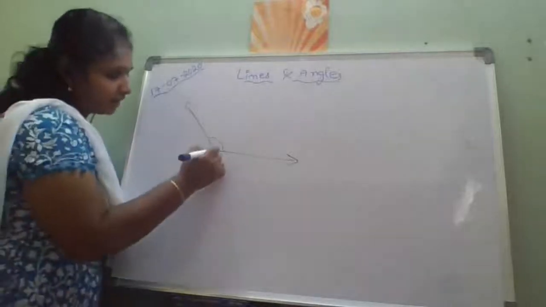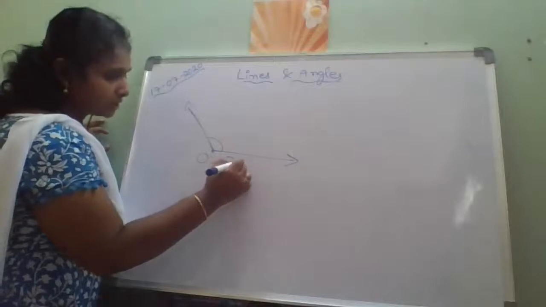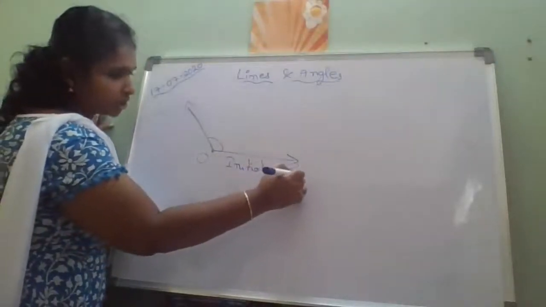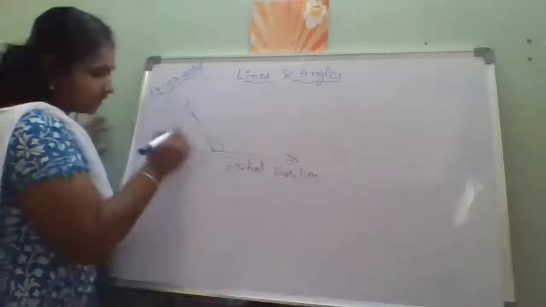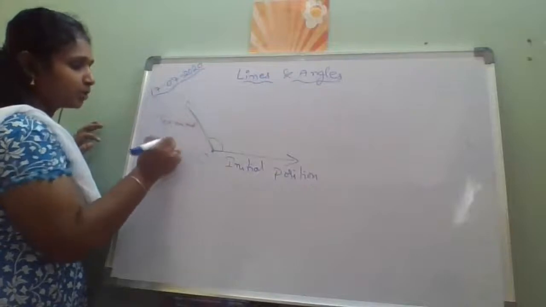So this one, point O, is the initial position. And this one is the terminal position.